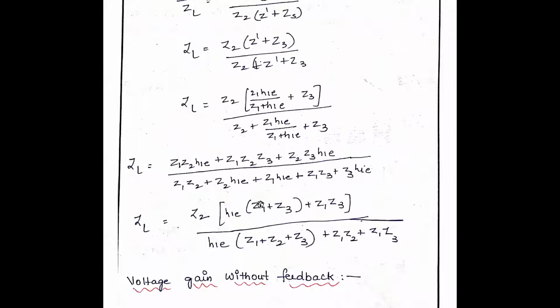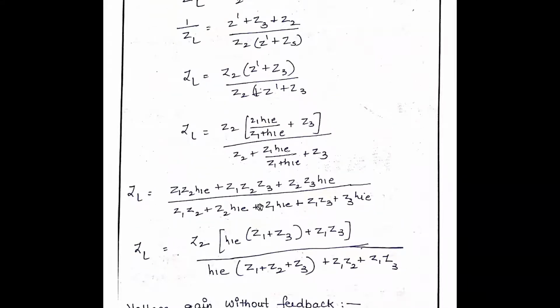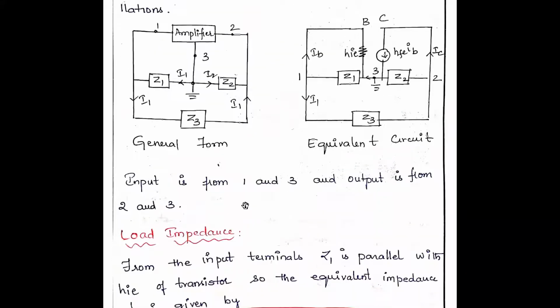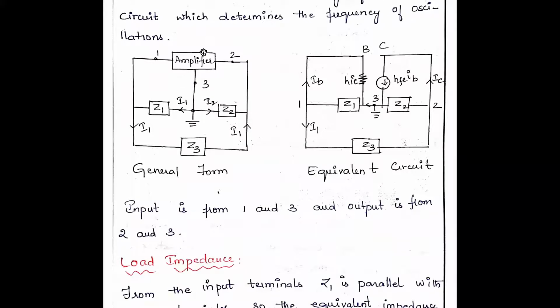Now, let us discuss voltage gain without feedback, meaning the voltage gain of this amplifier block alone. What is the expression for voltage gain? Anybody answer? Easy question, same from first unit onwards.